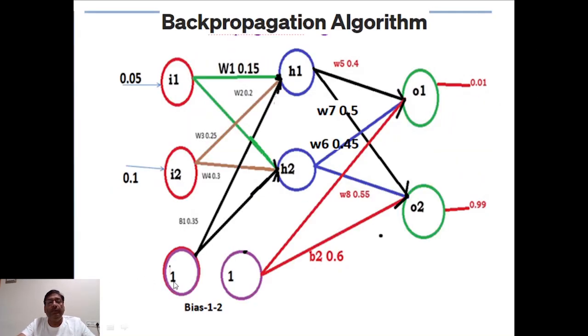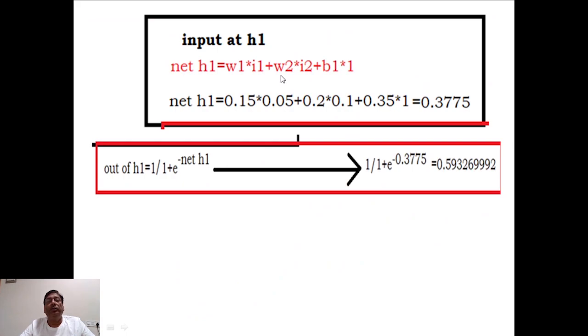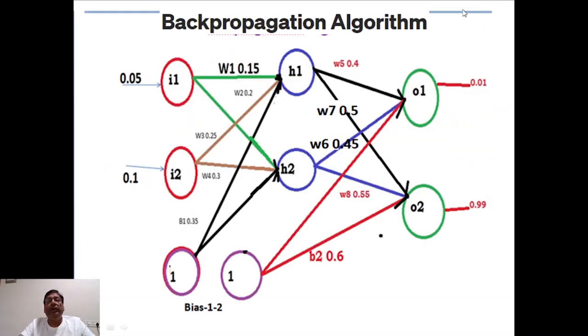That becomes the net input at H1. If I consider the value of W1 as 0.15 and replace the values for all of this, I'm going to get the net input at H1, which is 0.3775 and so on.